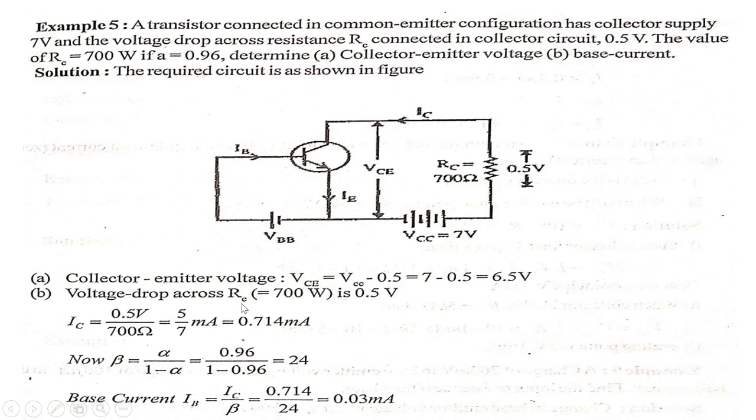Voltage drop across RC equal to 700 ohm is 0.5 volt.